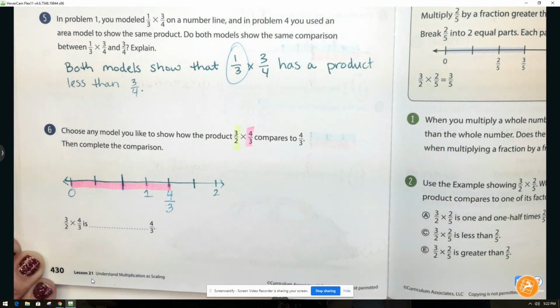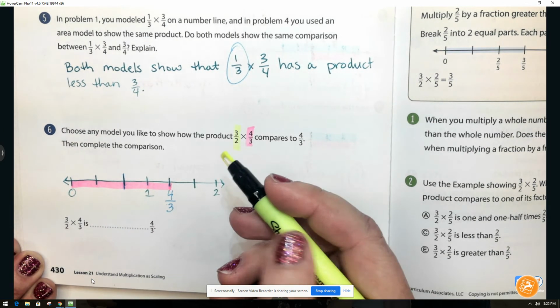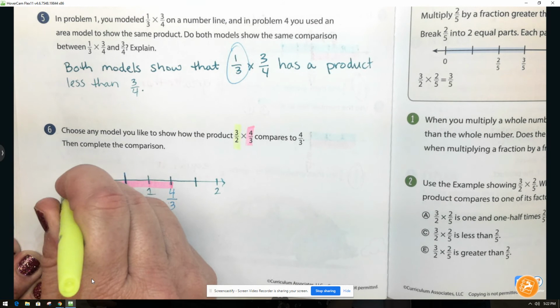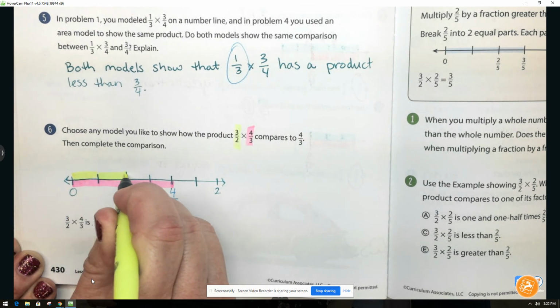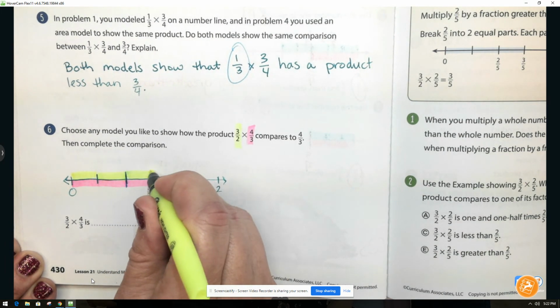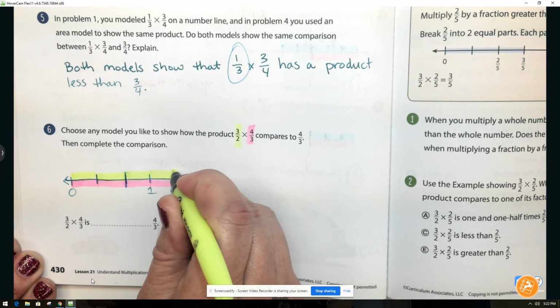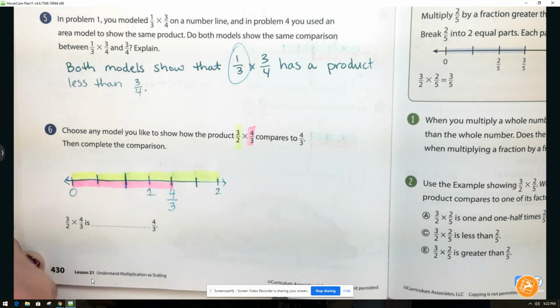Now I want to highlight 3/2. I know that 2 sections is equal to 1/2, and then I need 2/2, and then I'm going to need 2 more sections to do 3/2.